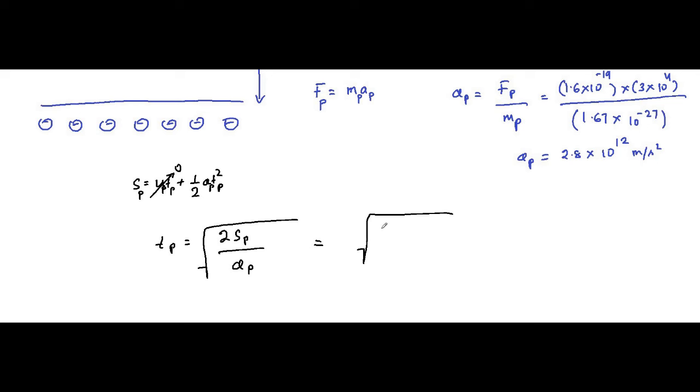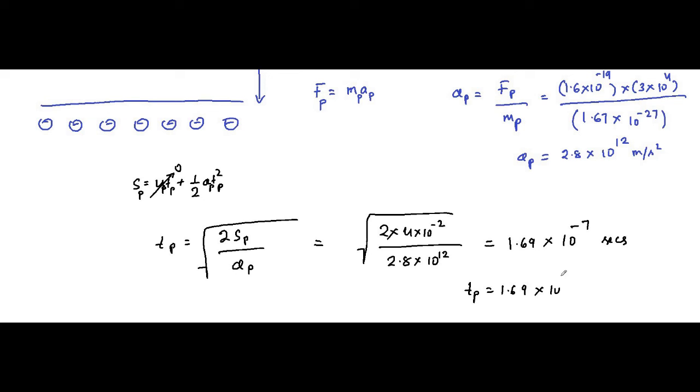So it will be root over of 2 into same distance 4 centimeter for proton also, 4 into 10 to the power minus 2 by acceleration, which is equal to 2.8 into 10 to the power 12. So if you calculate, it is coming around 1.69 into 10 to the power minus 7 seconds. Okay, Tp is this much, 1.69 into 10 to the power minus 7 seconds, this much.